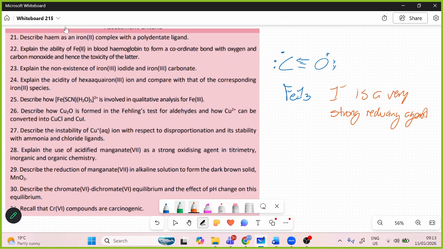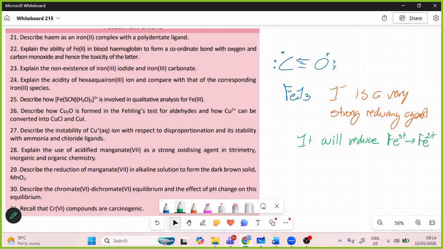What this means is it will reduce Fe3+ to Fe2+. Therefore, you will never be able to have FeI3, because you have a strong reducing agent and a slightly powerful oxidizing agent, and they will react together.